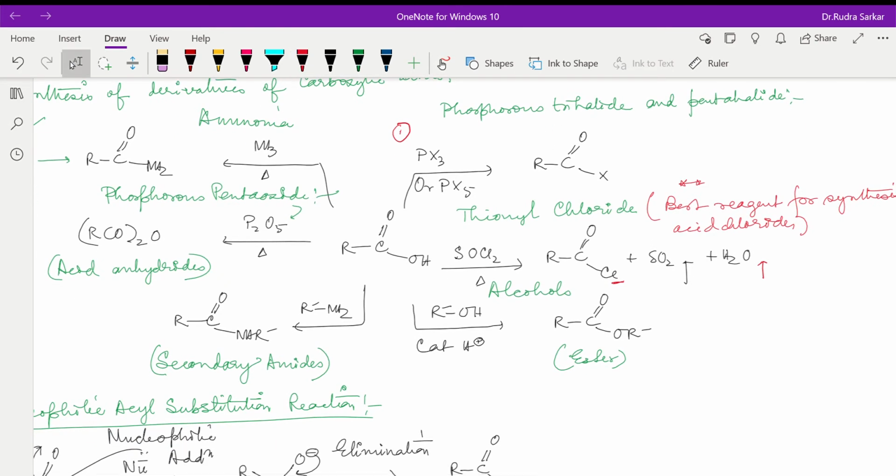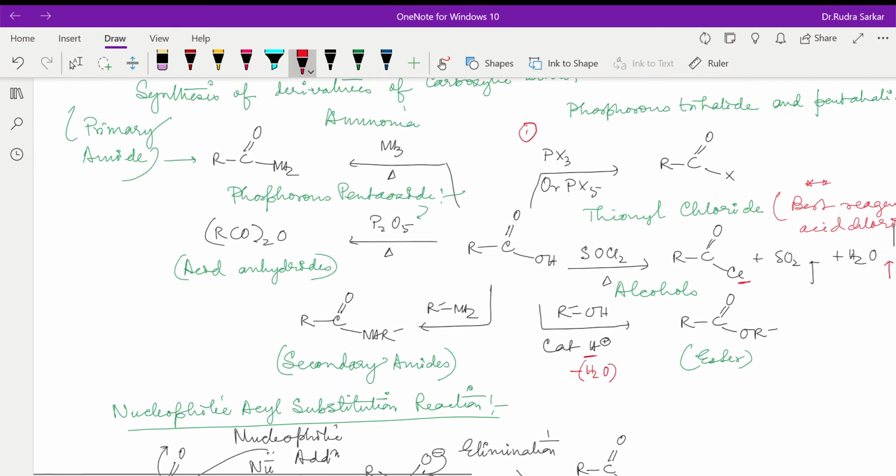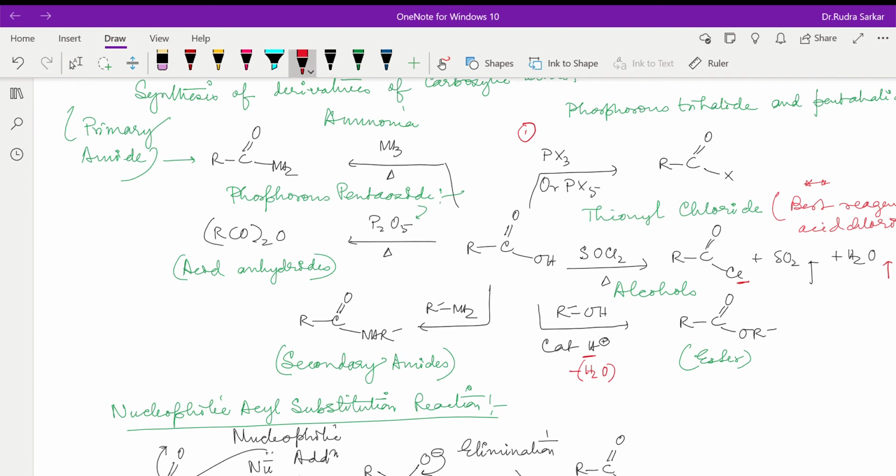Now here, with a catalytic amount of H2SO4, an alcohol will react with the acid. There will be removal of water by the acid, and then we can have an ester. Similarly, if you react this with ammonia, there also you can think water is being removed and we can have what is known as a primary amide.